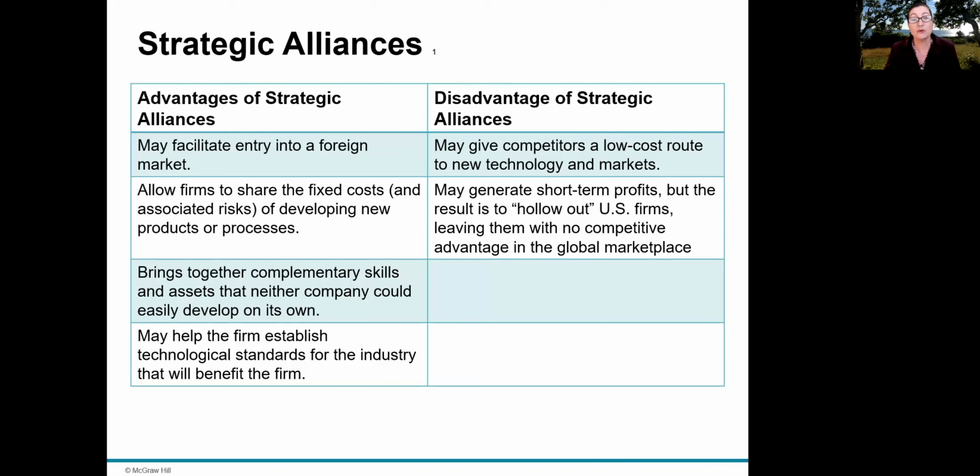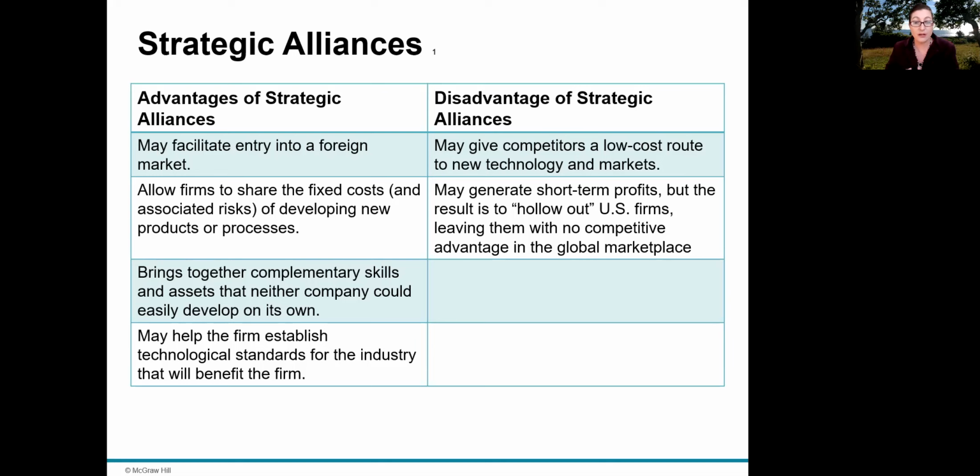Okay, let's switch gears and talk about strategic alliances now. So we have specific advantages of strategic alliances. Strategic alliances will facilitate entry into a foreign market because they allow firms to share the fixed costs of developing new products and processes in a foreign land, if they bring together complementary skills, maybe complementary assets. And maybe that's important because neither your organization nor the strategic partner could do that on their own.